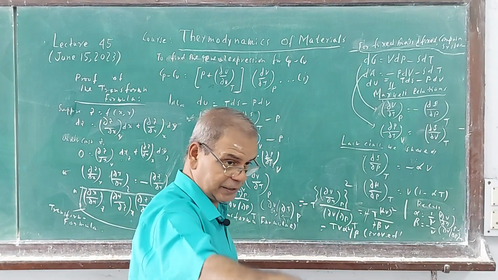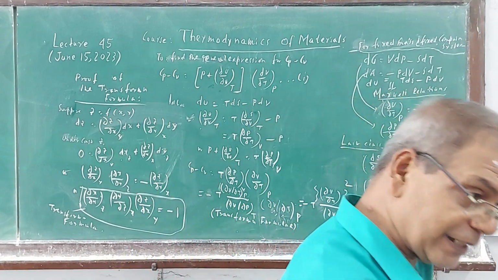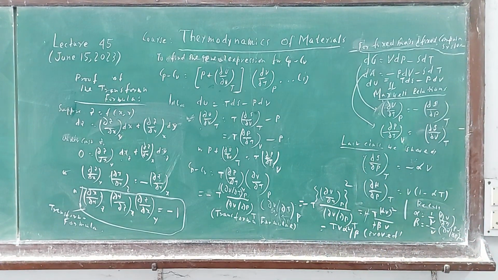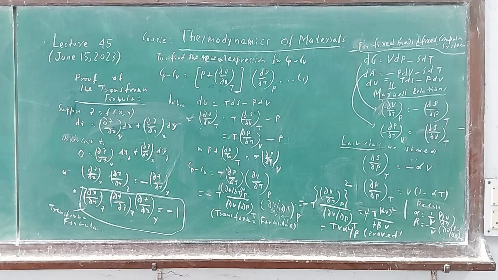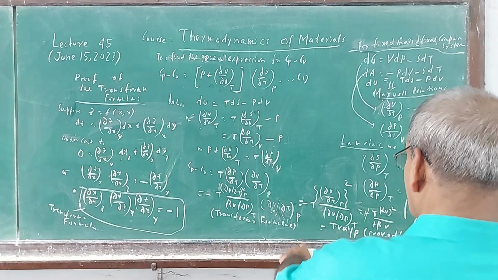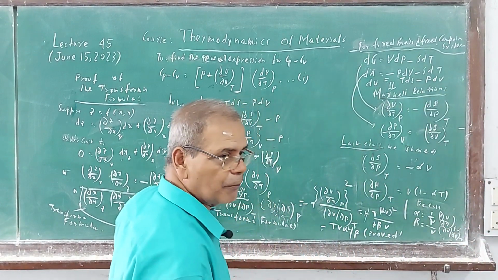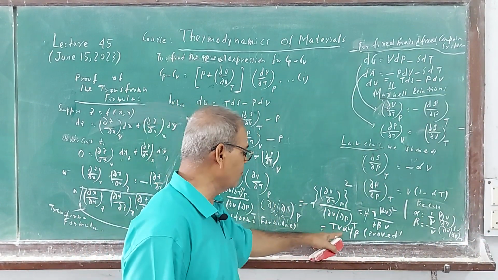When I taught you Cp and Cv, I said Cv is difficult to determine for solids, since constant volume is nearly impossible. So use this formula: Cp is measurable, you measure Cp, and Cv is obtained from this relation. These are measurable quantities.